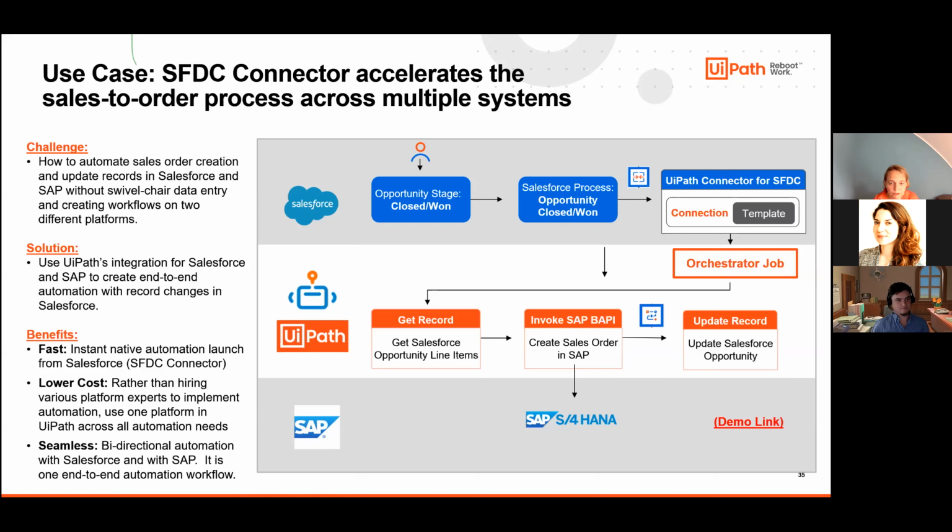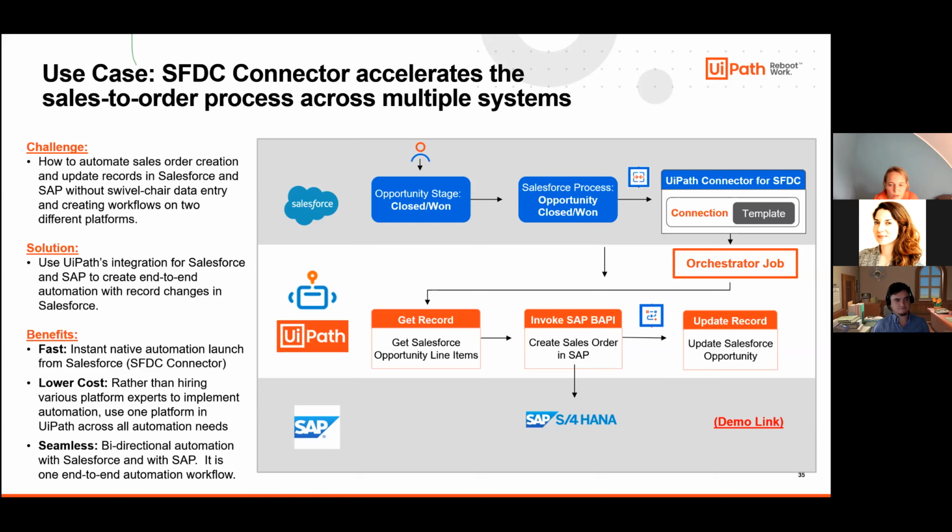When an opportunity is closed and won in Salesforce and the status changes, then our UiPath Connector in Salesforce kicks off a robot in the orchestrator. So in the orchestrator, the robot for sales order creation is started.